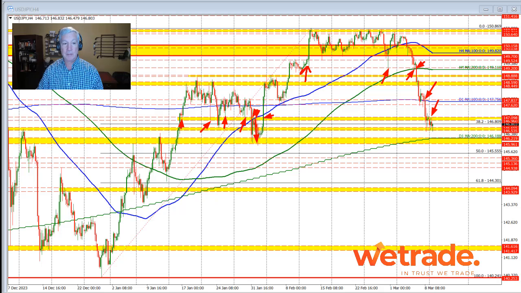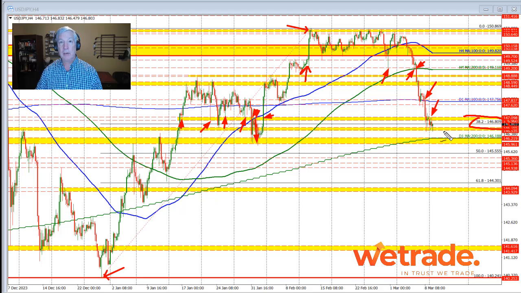We're also trading above and below the 38.2% retracement of the move up from this low right here to the high price that we saw right up here, and getting below the 38.2% retracement is one of those things that I like to see to prove that the sellers are in business, and we are currently just below that level, 146.80.